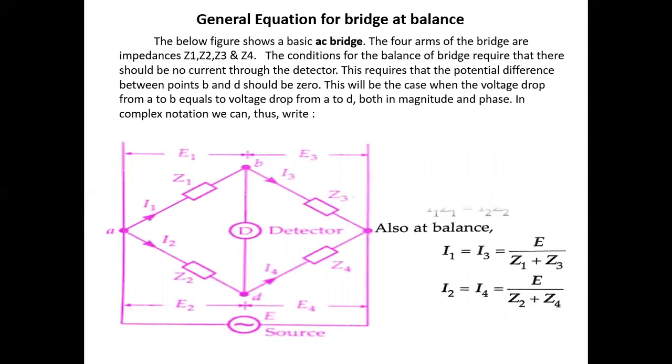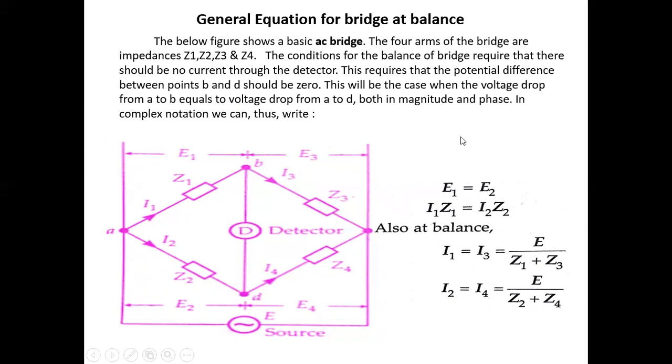Now the general equation for the bridge at the balance condition. This is an AC bridge. There are four arms, that is arm AB, arm BC, arm CD, and arm AD.